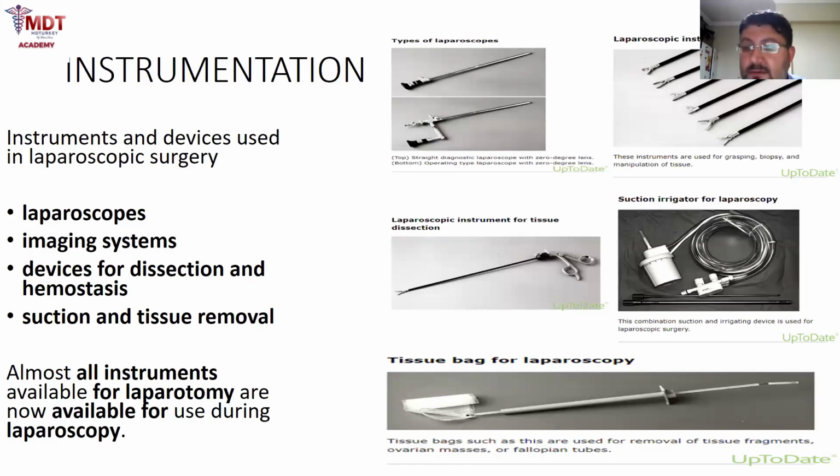Today, we are lucky because all the instruments that we use for laparotomy are available for use during laparoscopy. That's a chance for us. With these instruments, we can do complex surgeries easily.